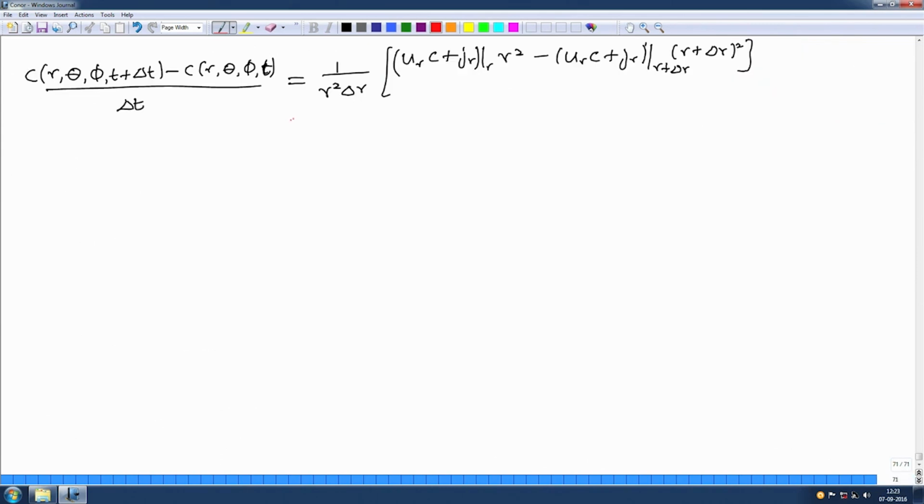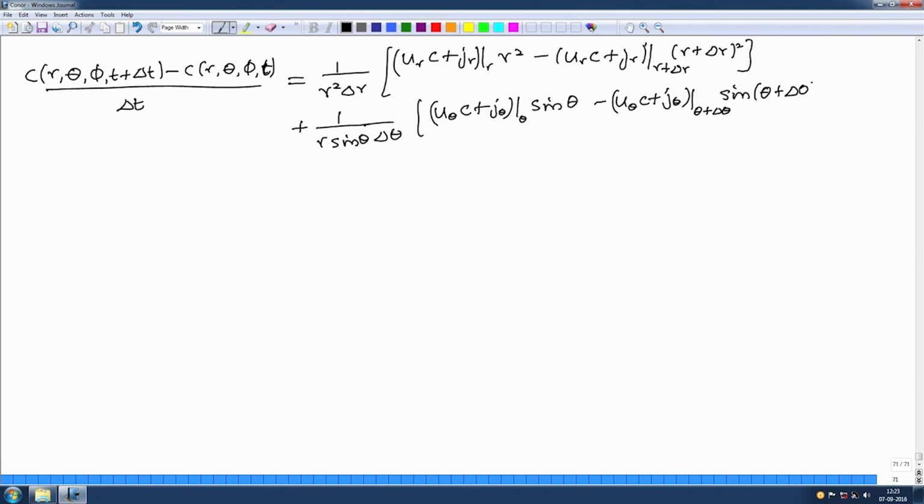So, if I do that, I will get plus 1 by r sin theta, delta theta into u theta c plus j theta at theta times sin theta minus u theta c plus j theta at theta plus delta theta sin of theta plus delta theta.